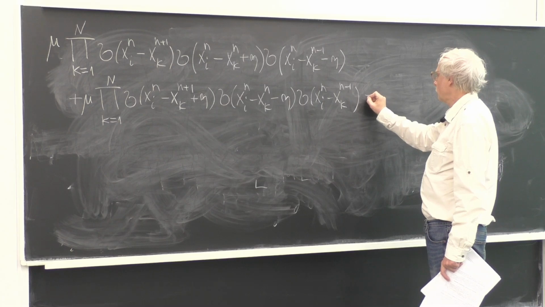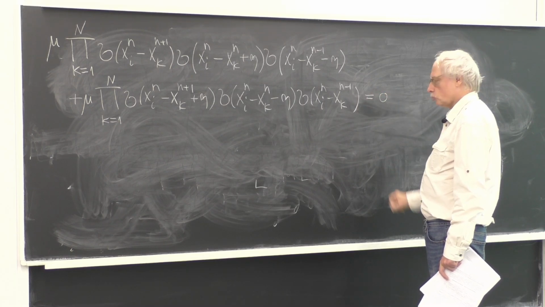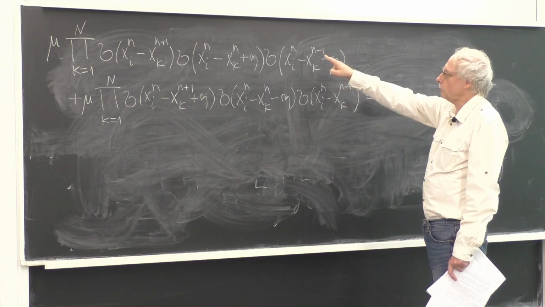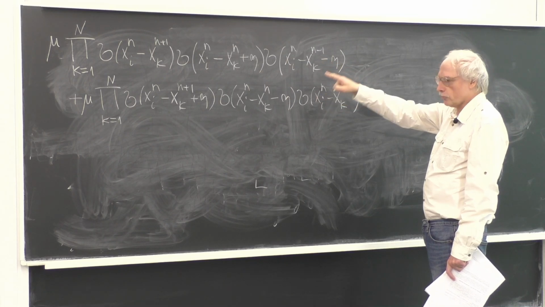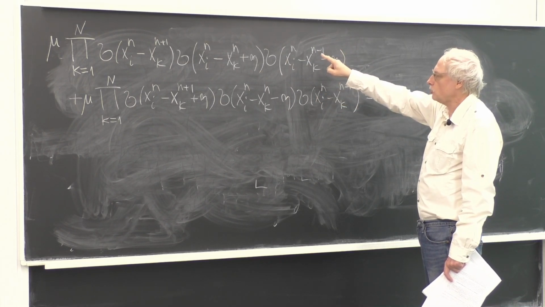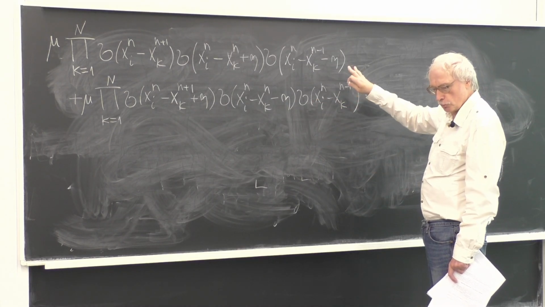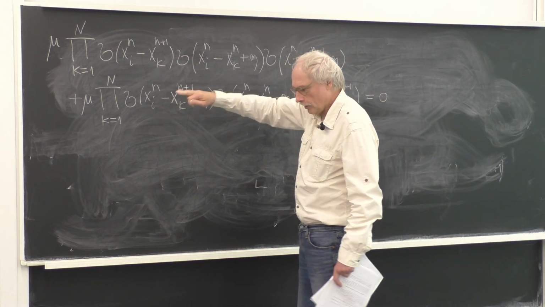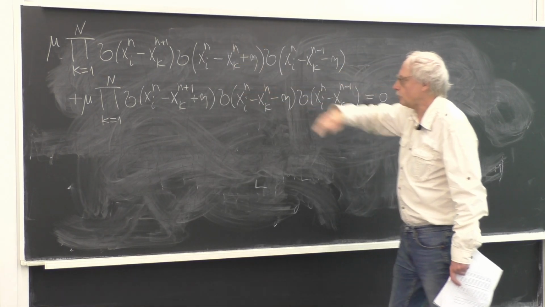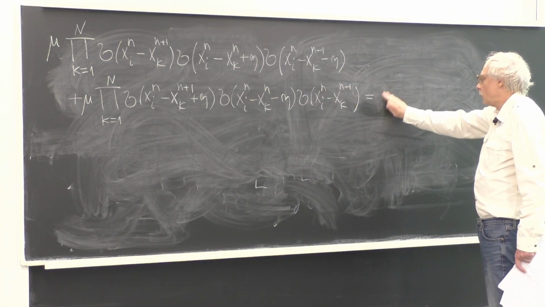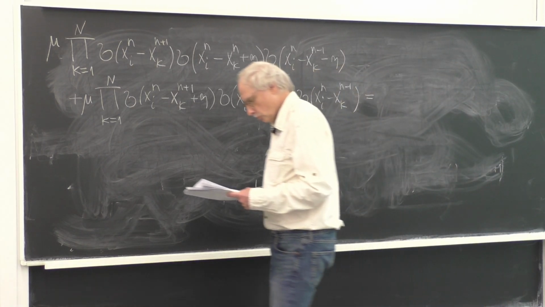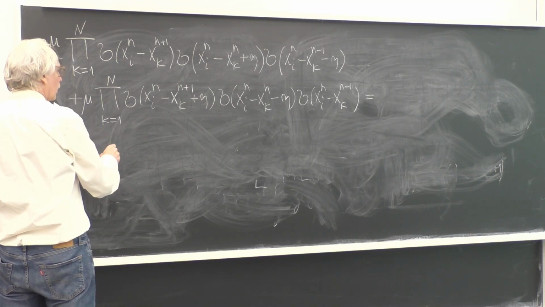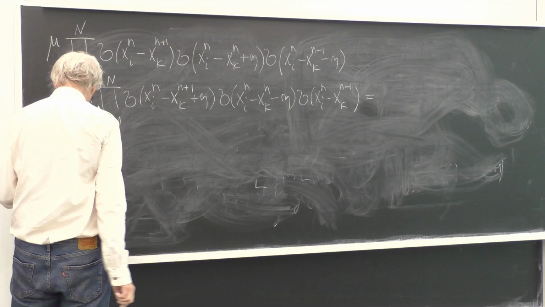If we put this equal to 0, we get nothing else than the equations of motion of the Ruijsenaars-Schneider system in discrete time, which I showed you previously. As you take the ratio of these terms, you get it in the form which was written here before. But now the right-hand side is not 0, and has a similar form like the left-hand side.